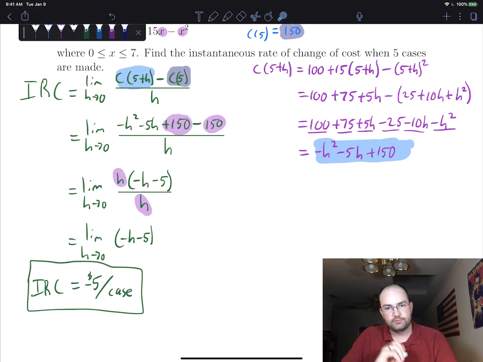Now, some people balk at this. They balk at this because they see this negative. They think, how is that possible? That's possible because it's actually beneficial in this case to make the case, because the marginal cost of this case is actually negative.